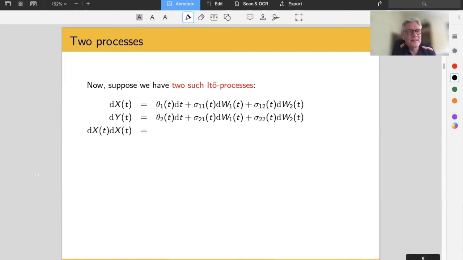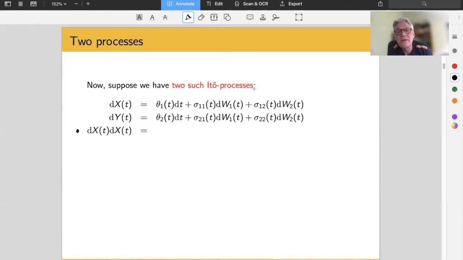Now we can look at dX dX, the quadratic variation. We can just multiply dX with itself using the computational rules that we have learned. The first one with itself will give a dt squared term that will cancel out. dt dW1 will cancel out. dt dW2 will cancel out. dW1 with itself will remain. dW2 multiplied by itself will remain. Those are dt terms, as you recall.